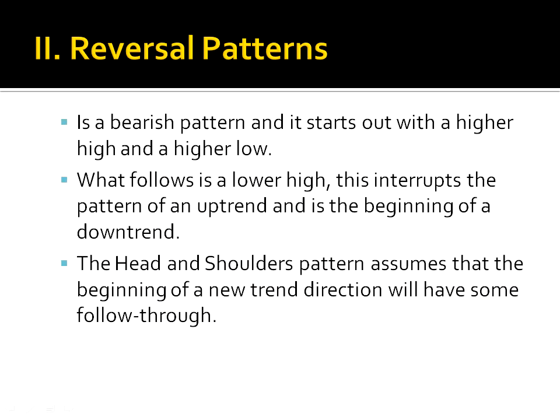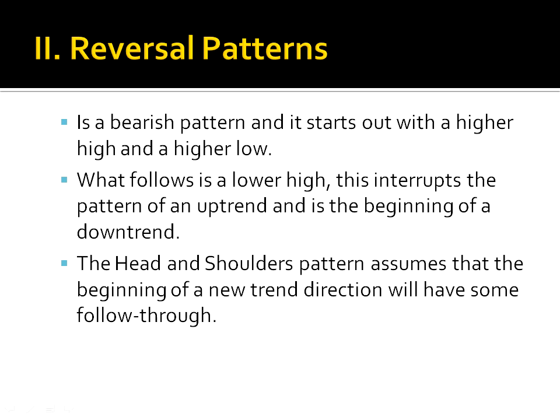This particular one was a bearish pattern, and it starts out with a higher high and a higher low. What follows is a lower high, and this interrupts the pattern of an uptrend and is the beginning of a downtrend. Remember, an uptrend is a series of consecutively higher highs and higher lows. The head and shoulders formation, what we're looking at, is the end of an uptrend with the consecutively higher highs, and this starts with a lower high.